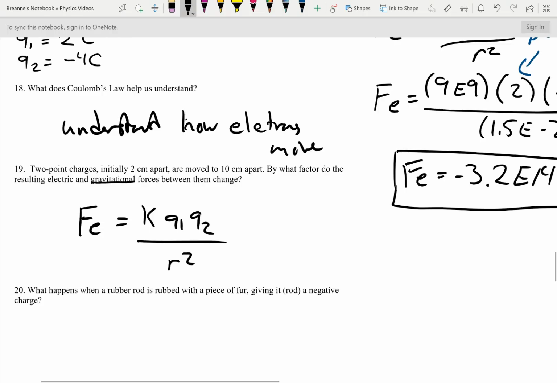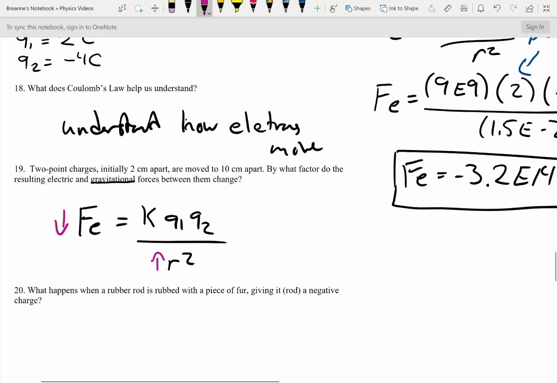Let's say that our distance increased. If our distance increased, our force has to decrease because it's being divided by. But we can't forget about that squared. It's going from 2 to 10, so it's increasing.